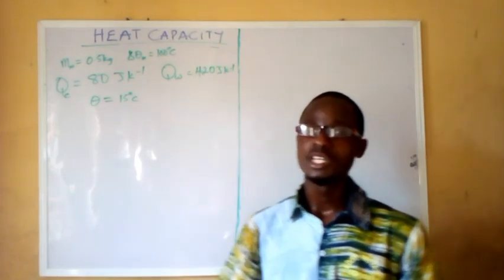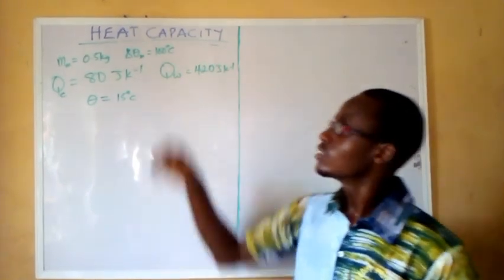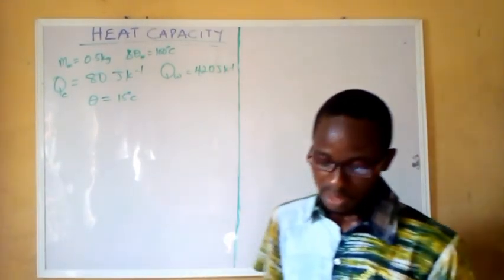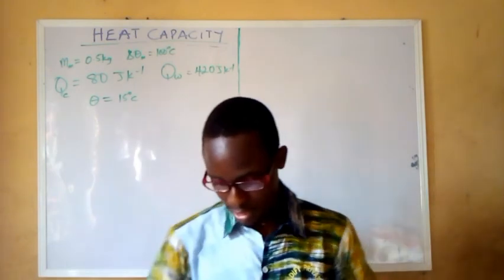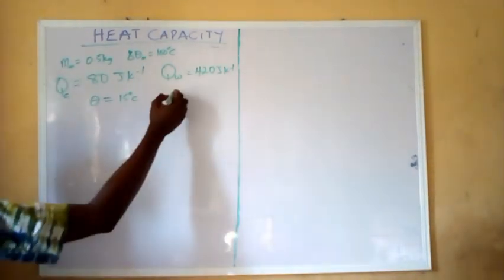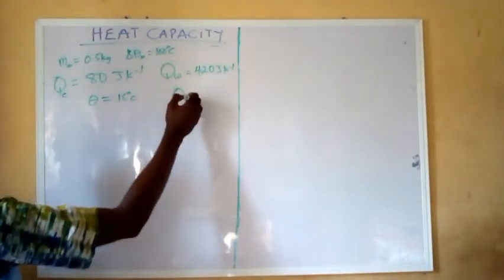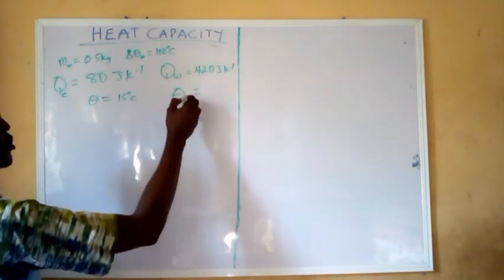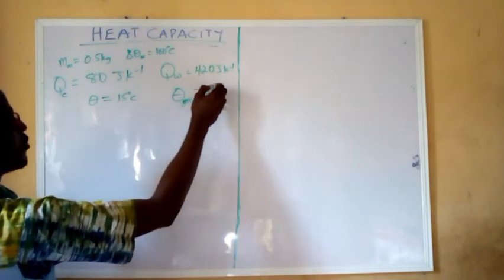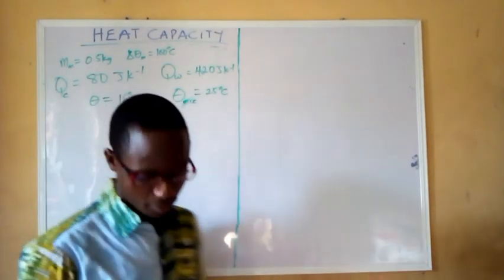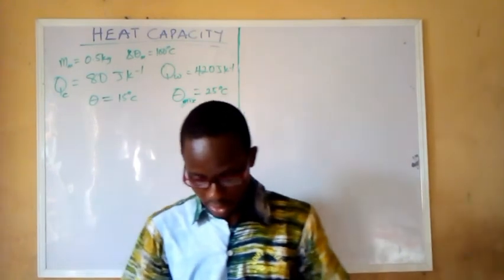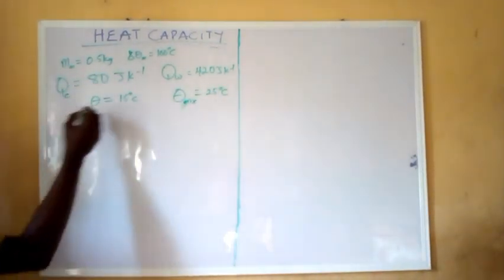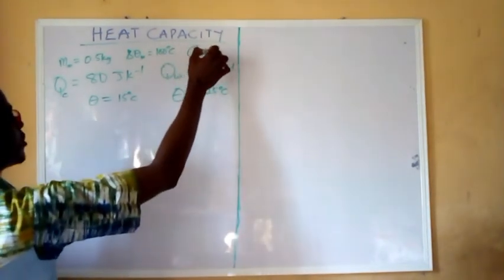The calorimeter will gain heat from the water as the metal loses heat to the water. Find the specific heat capacity of the metal.